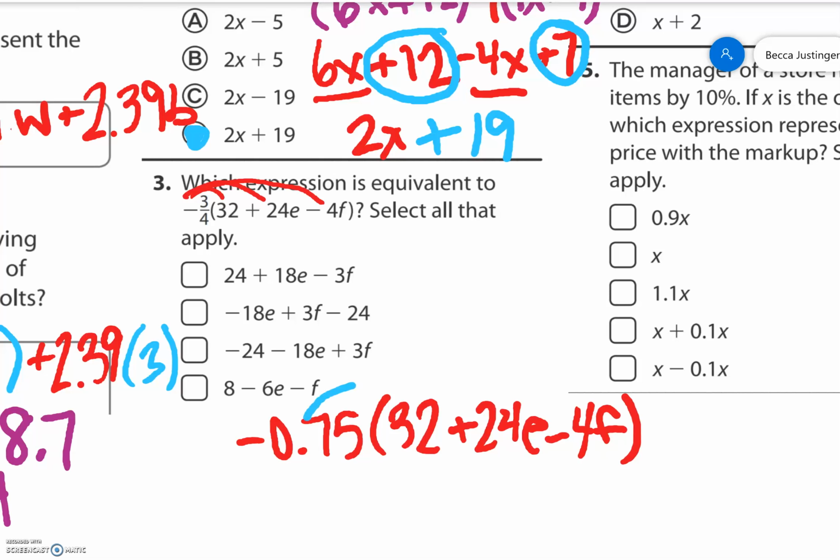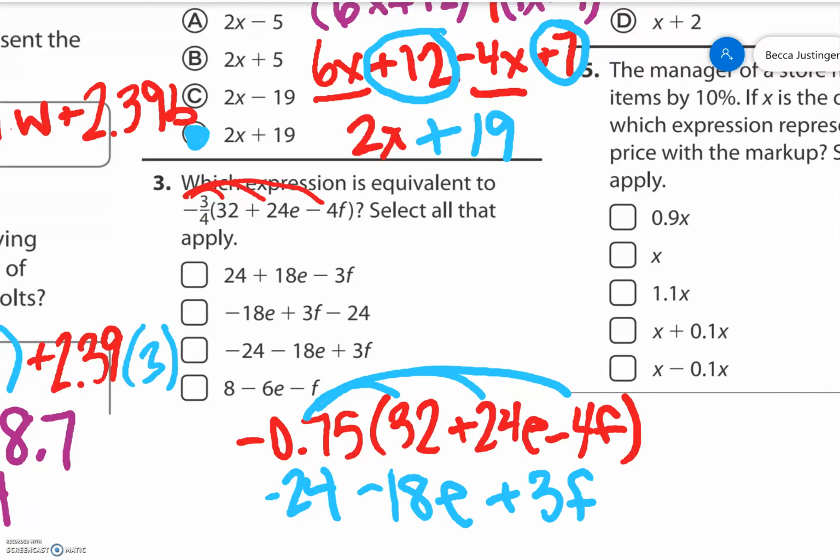So I'm going to distribute. -0.75 times 32 equals -24. -0.75 times 24 equals -18e. And -0.75 times -4 equals +3f. So that matches with this third one.